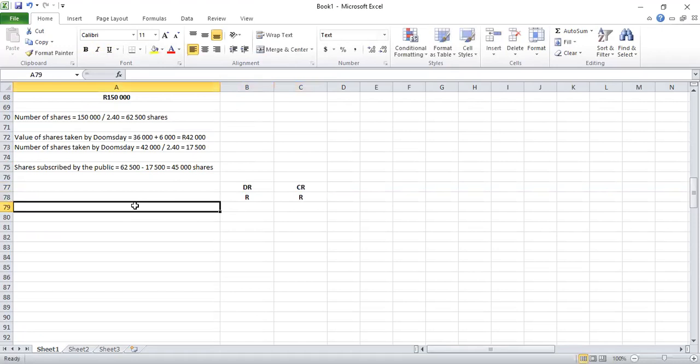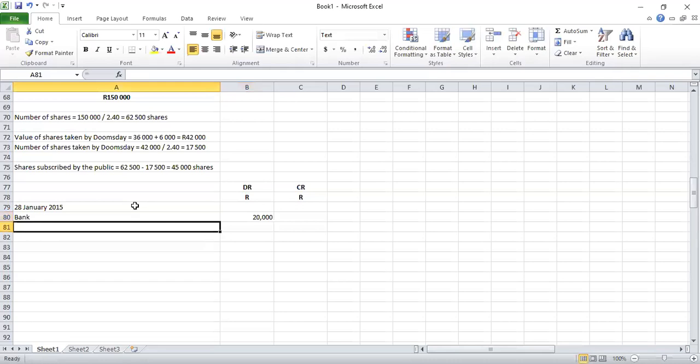We first have 28 January 2015. We debit bank with the 20,000 we were given as the value, and credit incorporators of the company. I'm not going to put narrations now; I think I've shown you from the other ordinary shares.